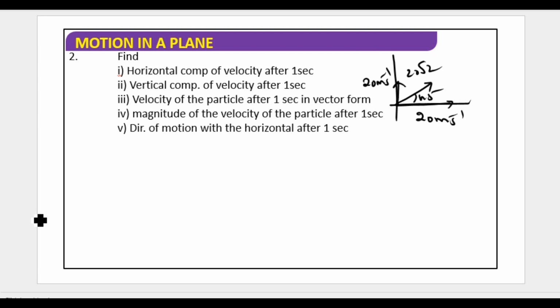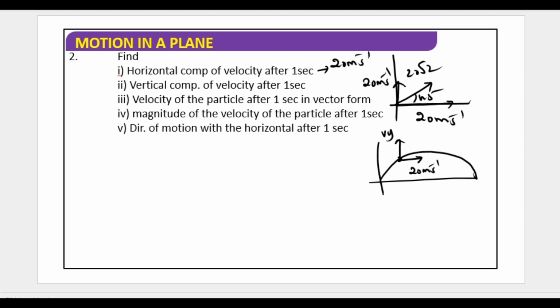After 1 second, suppose the body is here. The horizontal component remains the same after 1 second also, but the vertical component decreases. So the horizontal component of velocity after 1 second is equal to 20 meter per second.